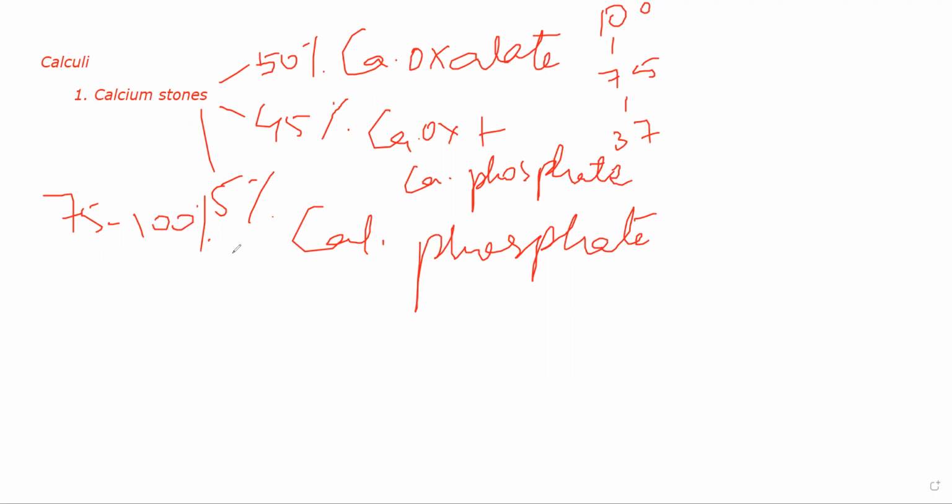Now the cause of this, sometimes it can be idiopathic, an unknown cause, or sometimes there might be hypercalciuria, excessive calcium excretion in urine with or without hypercalcemia. So there can be increased calcium excretion with increased calcium in blood, or without increased calcium in blood. Both can occur.